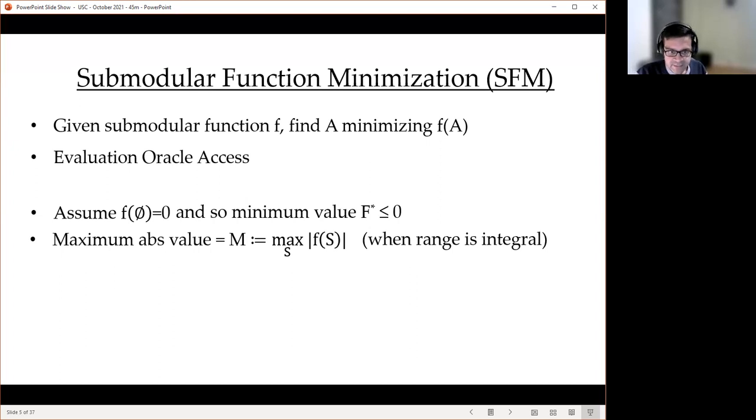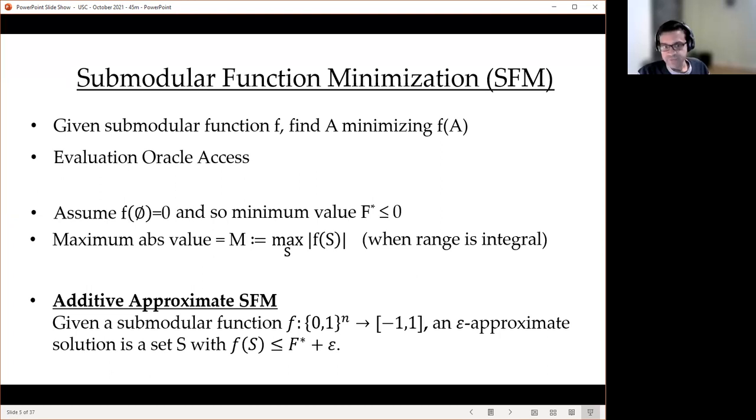If the range is not integral, one can also talk of additive approximation. You can scale the function so that it is within -1 and 1, and an epsilon-approximate minimizer is a set whose value is maybe bigger than f star, but not by more than epsilon. That's just notation, and I might come to approximation at the very end of the talk.